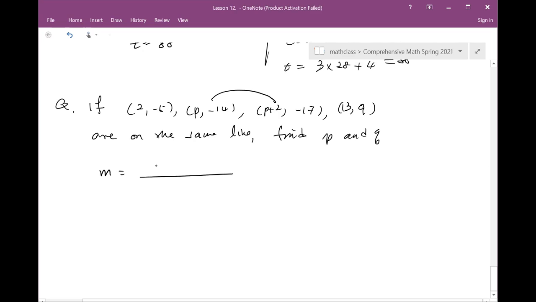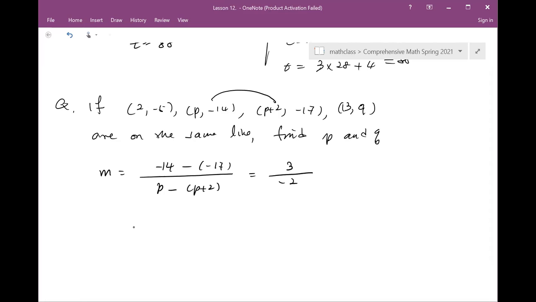For example, I say -14 minus -17, and P minus P plus 2. So actually the slope can be determined. Right? So that will be 17 minus 14, right? Here's -2. The slope will be -3 over 2.